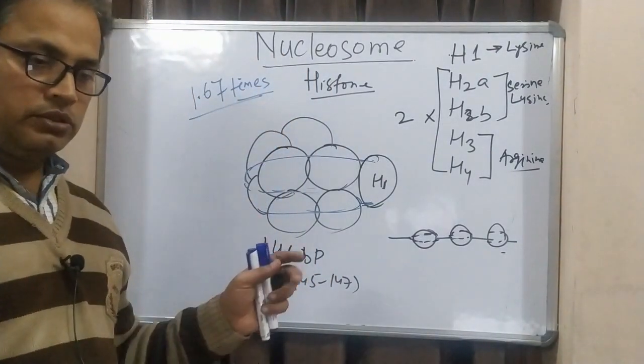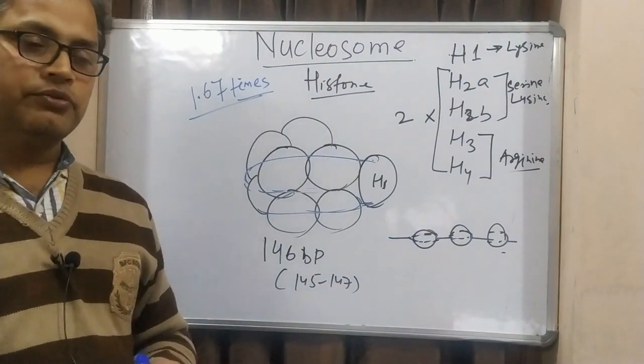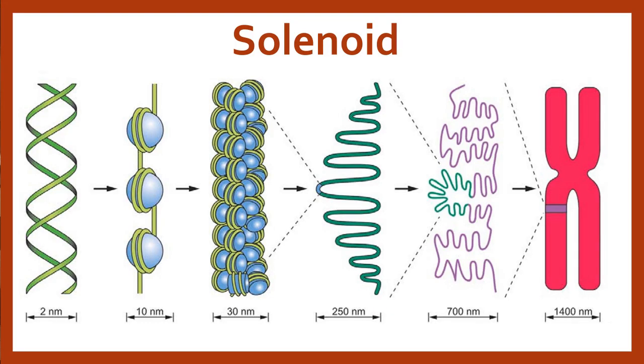Here you are seeing the sequence of DNA arrangement. The first is the DNA double helical structure. The second, where the diameter is 10 nanometer, is the nucleosome. Then the third is the solenoid structure, where the bead-like structure is wrapped around a hypothetical axis, and its diameter is 30 nanometer.